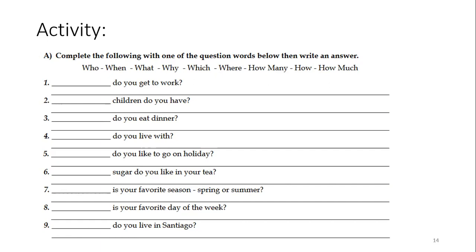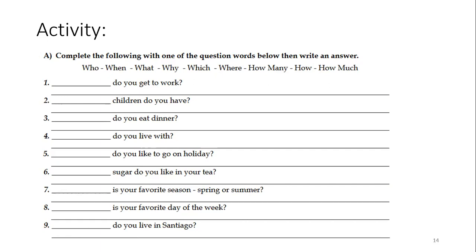Okay, and then number 6, "sugar do you like in your tea?" Can you ask how many sugar or how much sugar? We say how much sugar you like in your tea. Why? What's the difference between how many and how much? How many, you can count.